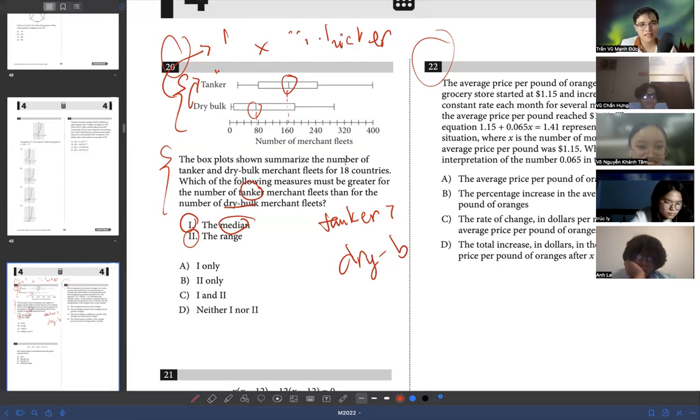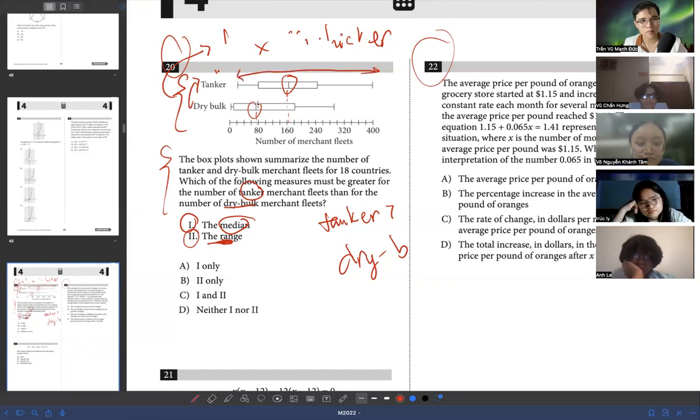A. You haven't read the range yet. Let's assess the range, okay? So firstly, the range is basically the largest and the smallest, is it not? This is the smallest, and you can very quickly see how the range of tanker compares to the range of dry bulk. What do you think?